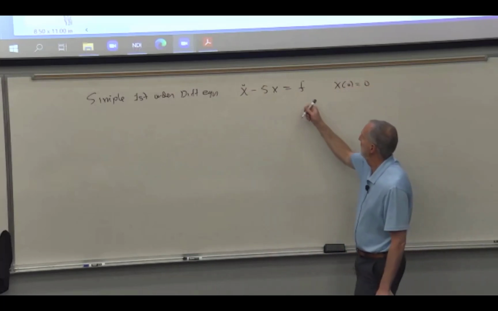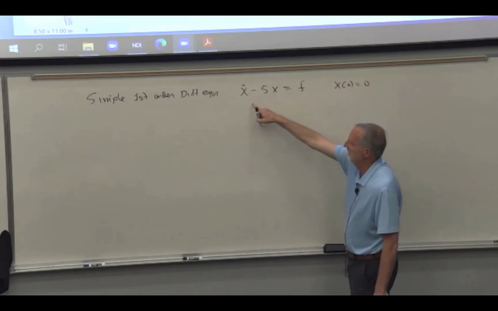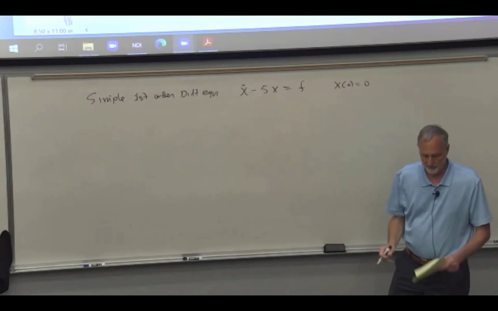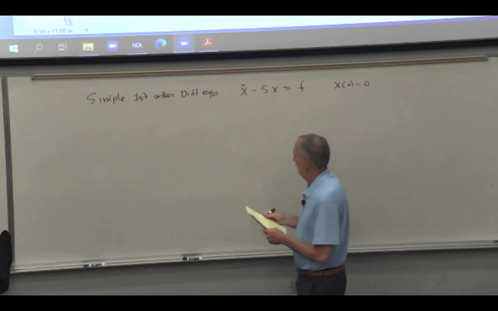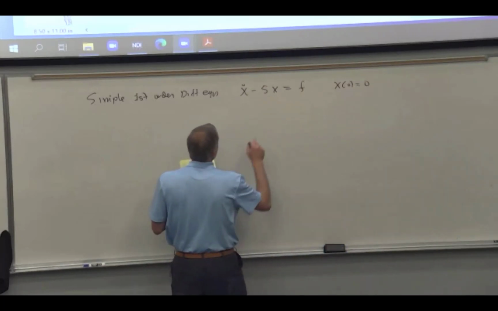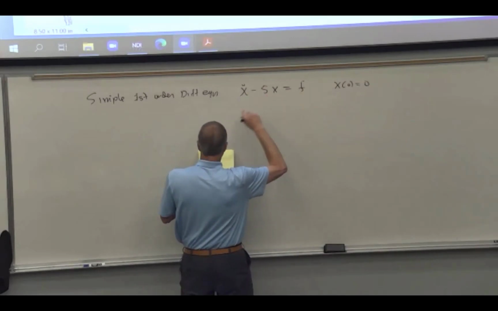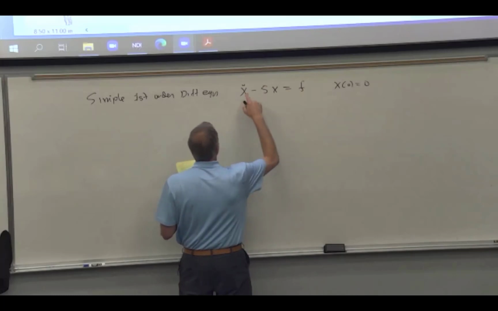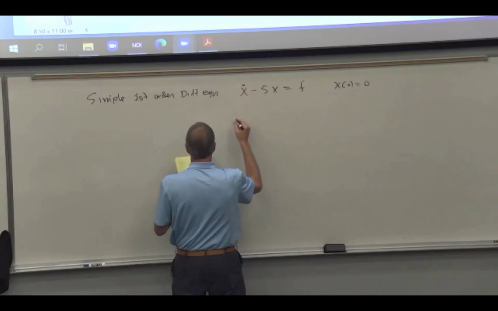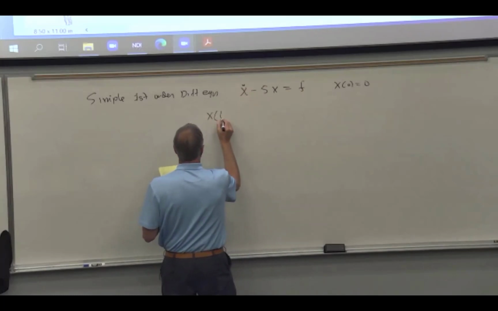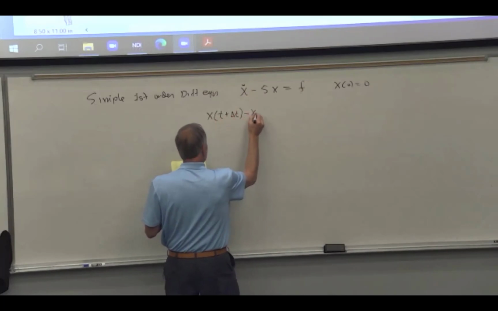So the force can be a function of time. X is, of course, a function of time. And what we do now, this is linear, but this method works for linear or nonlinear, is you can integrate this equation by taking x dot and writing it as an approximation over a small time step.